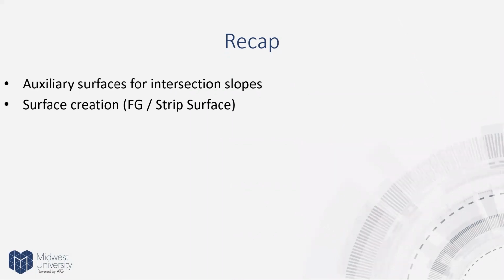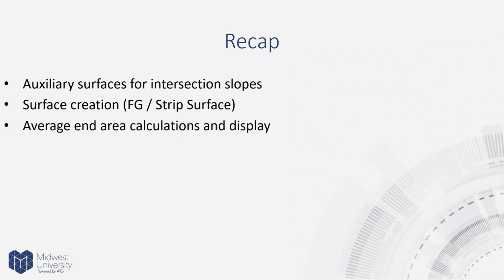Average end area calculations and display. I know I had a little issues today doing that. Usually that goes smoother, but that's a good way to get calculations out of your surfaces as well as those corridor shapes, and then actually put that information on your cross sections and print that out for documentation on your project as well.